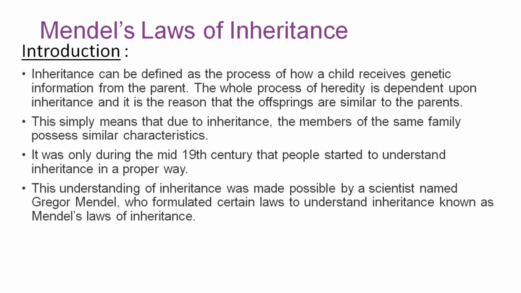It was from the mid 19th century that people started to understand inheritance in the proper way. This understanding of inheritance was made possible by the scientist Gregor Mendel. He is the person who created awareness about inheritance and formulated certain laws to understand it, known as Mendel's laws of inheritance.